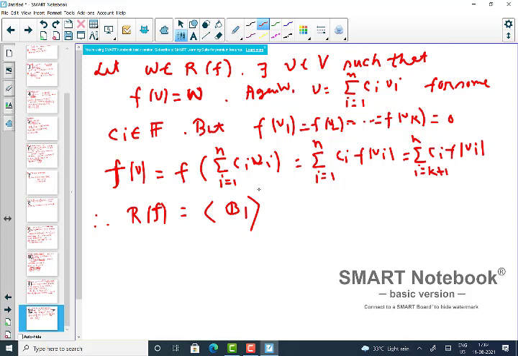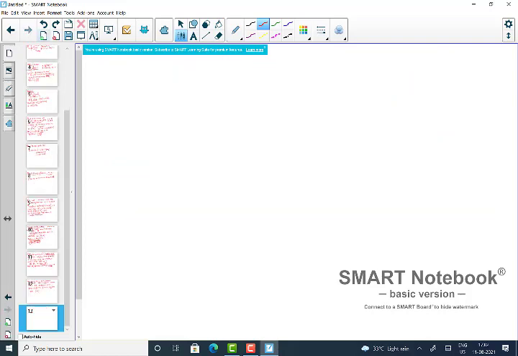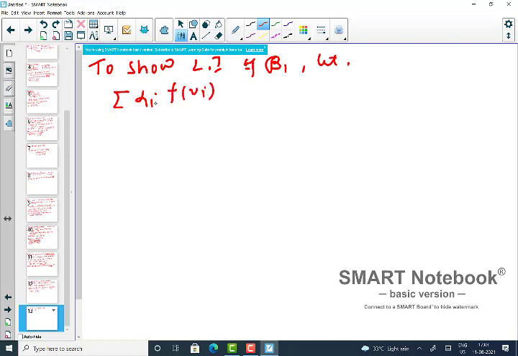So, to show linear independence of B1, let us start with the sum of alpha_i f(v_i), for i equal to k plus 1 to n.